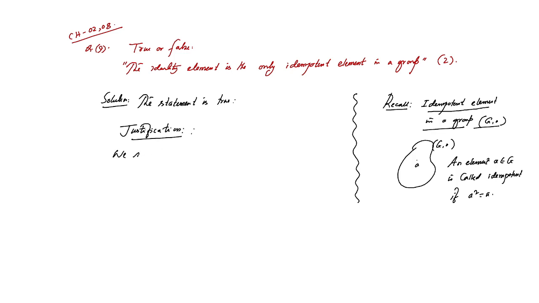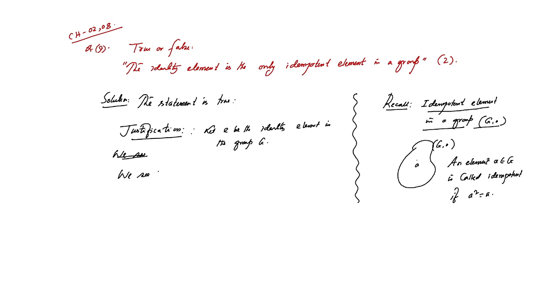So first we see that, let E be the identity element in the group G. I said group, so it must have an identity element.